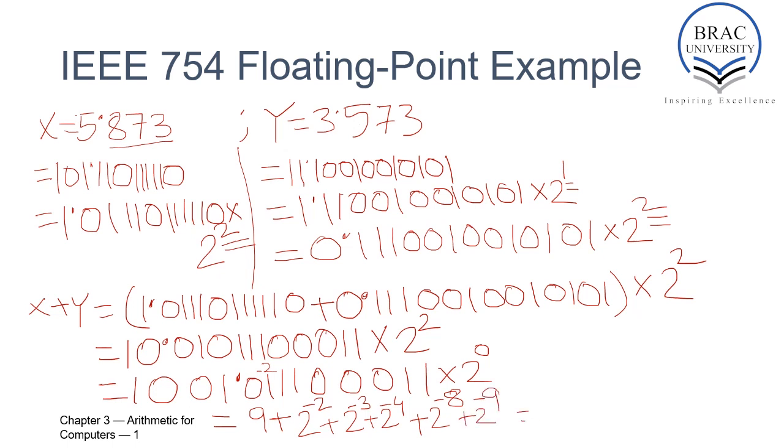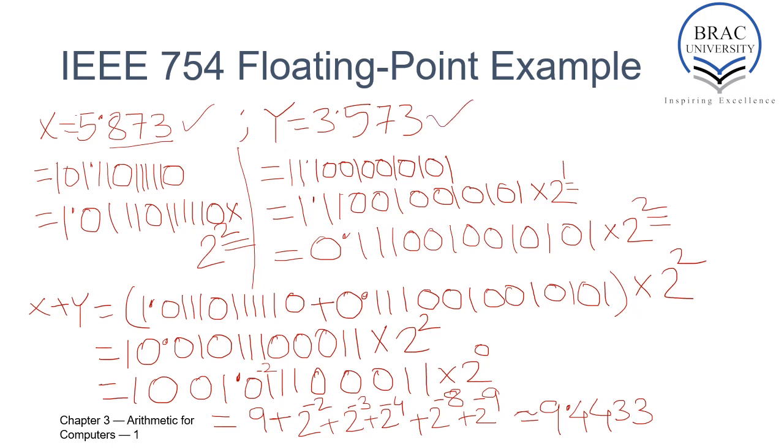If we generate the decimal equivalent of this value, it is 9.4433. So this is our decimal equivalent of the addition of x and y.